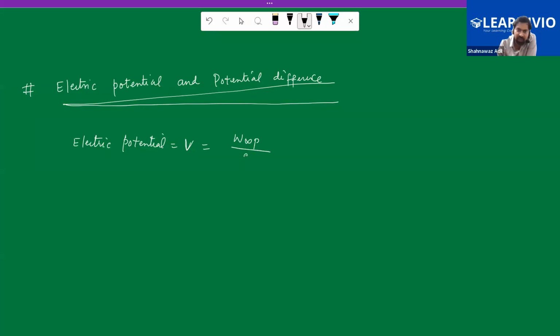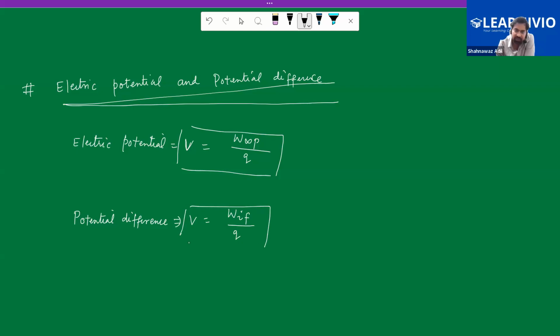That is what we call the electric potential. And the potential difference is when we are bringing a unit charge from a fixed point to another fixed point. So that is the potential difference.